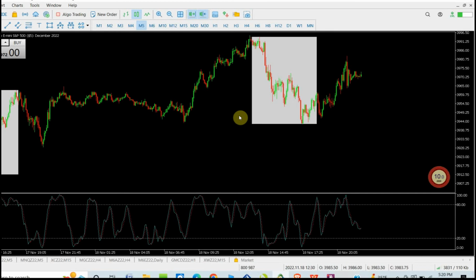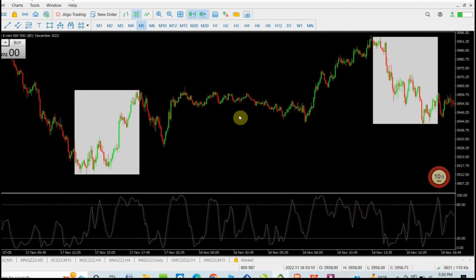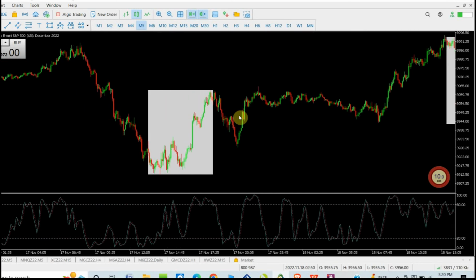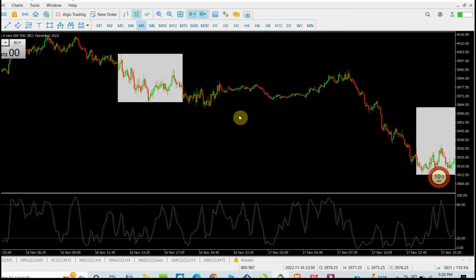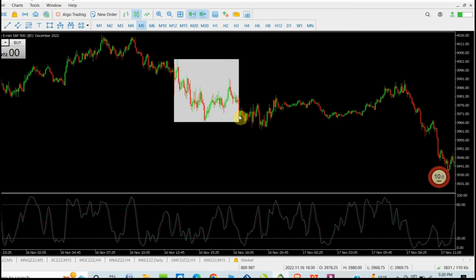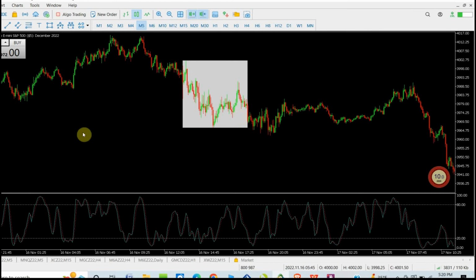Now there's two ways: either divergence or continuation. Let me see if I can find one that's continuation here. So this one basically qualifies as continuation. Coming into the New York session, we have this downtrend.